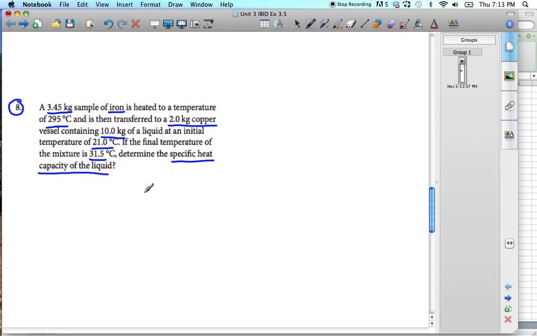Alright, so what we've got here is that the iron is going to lose energy. So the heat lost, Q lost, is going to be due to the iron, and that's going to be gained by, there's going to be a Q gain, a heat gain of both the copper and the liquid. They're going to gain, and it's the iron that is going to lose.